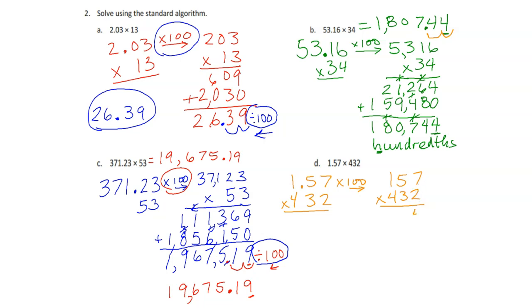So I know I get 14, 10, 11, and 2, so 1 is 3. Then I get 21 tens, 15, 1500 plus 2, 17.